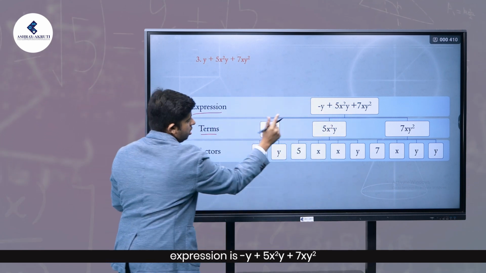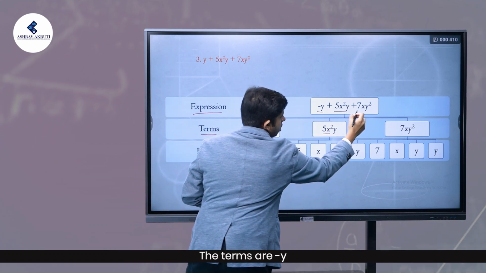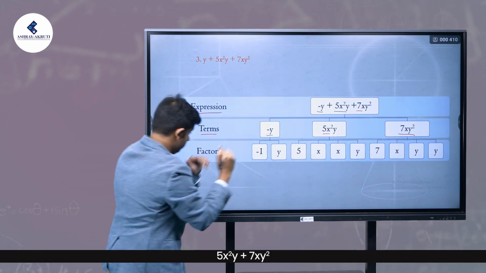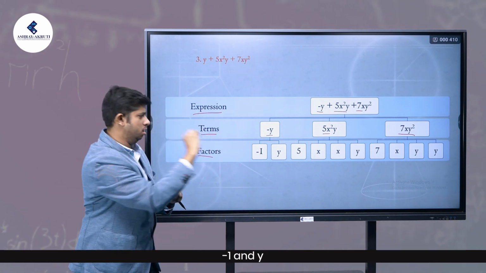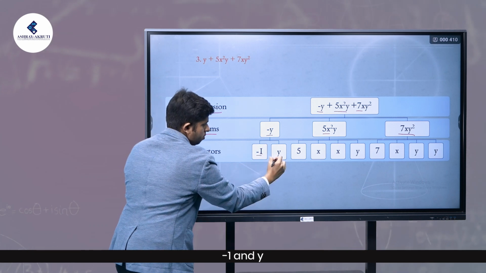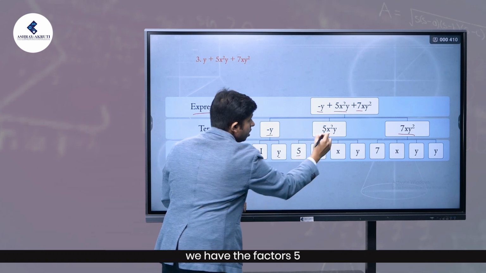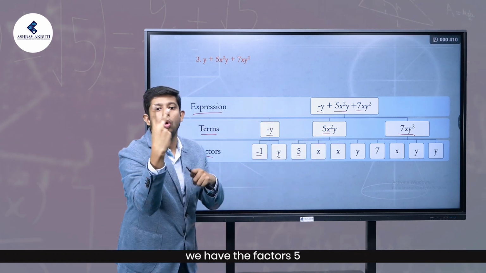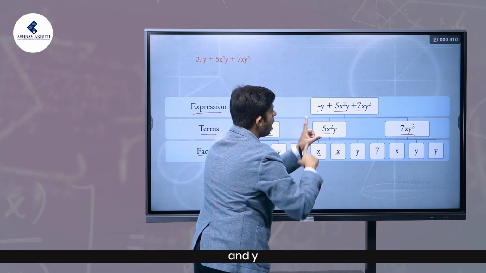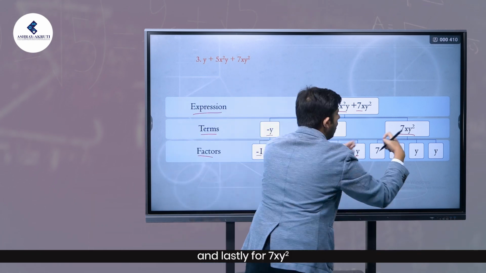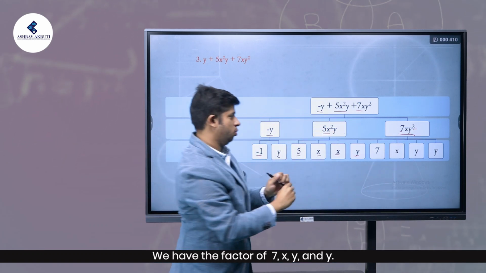Expression is minus y plus 5x square y plus 7xy square. The terms are minus y, 5x square y and 7xy square. The factors for minus y are minus 1 and y. Whereas for 5x square y, we have the factors 5, x, x and y. And lastly, for 7xy square, we have the factors 7, x, y and y.